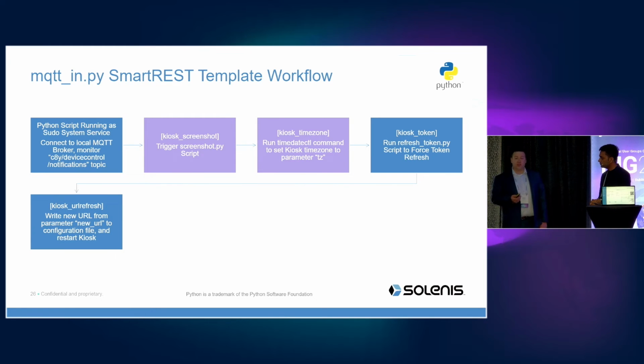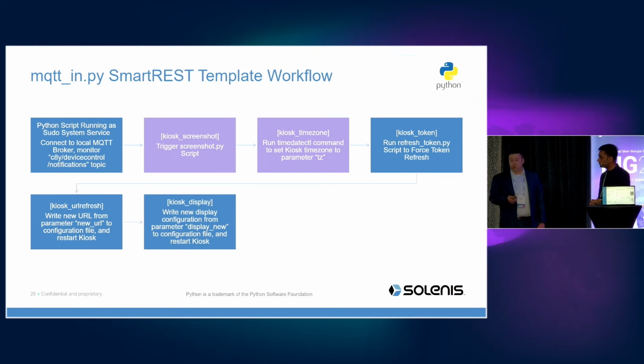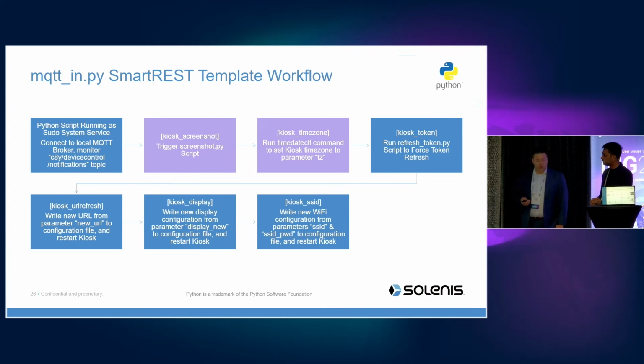The URL refresh, so this is the initial page that's displayed when it boots up. We can set that from cockpit. Same with the display settings. If we wanted to display this on a very small 800 by 600 monitor all the way up to 4K, we can manage all of that through cockpit. Change the SSID as well.